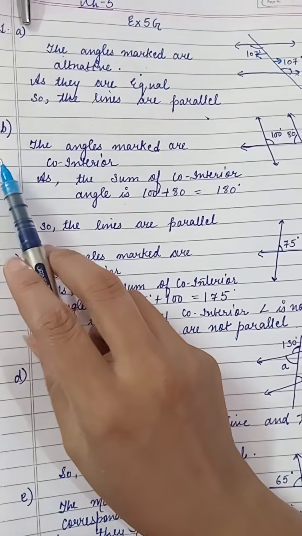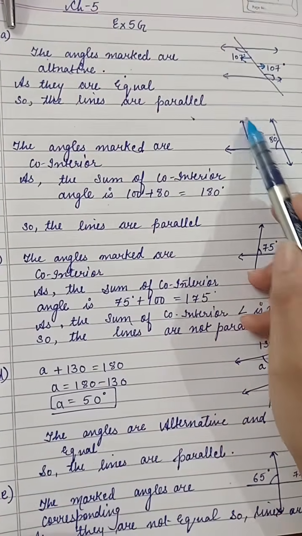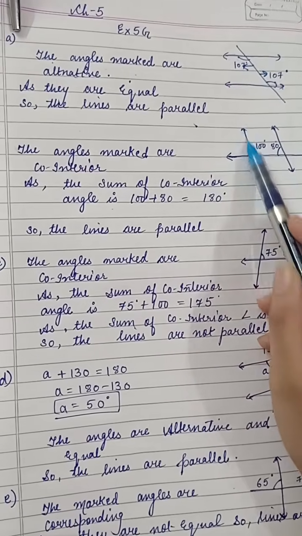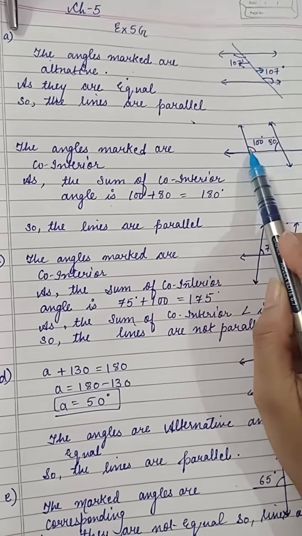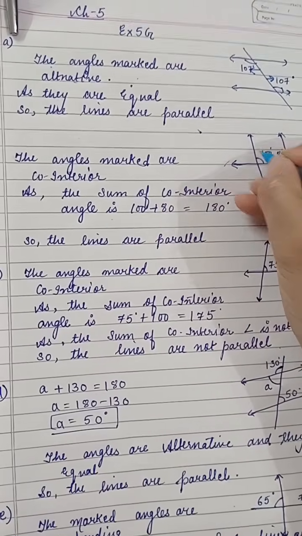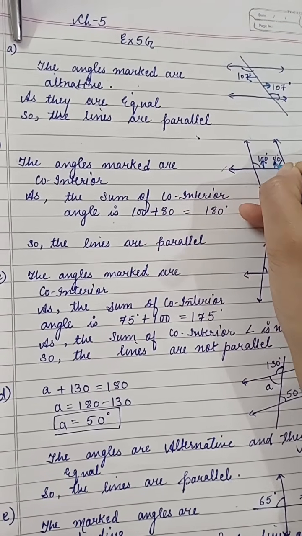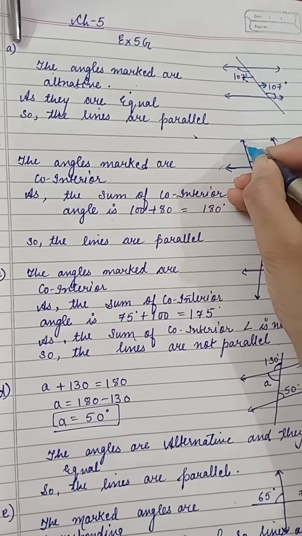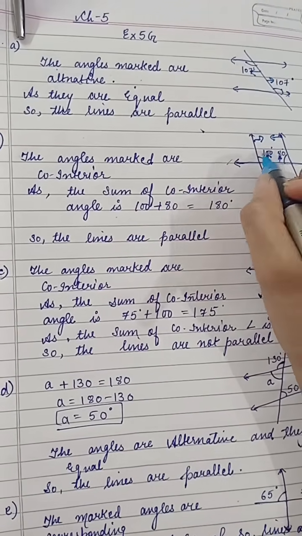Coming to the second part of this question, that is part B. If you check these two lines, there are two angles marked on them. Check that they are on the same side of the transversal. Yes, both are on the same side of the transversal and interior of the parallel lines, so they are forming co-interior angles.